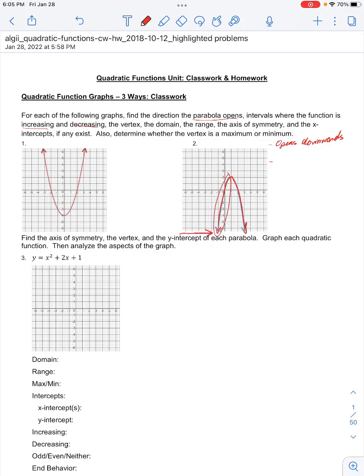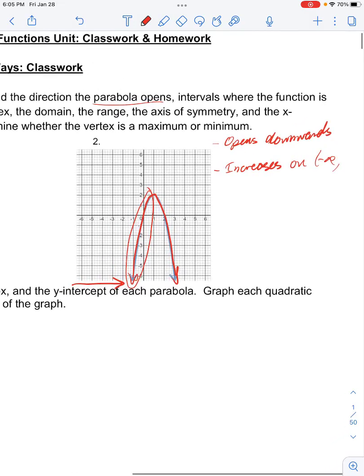So as you move from left to right, the y values are increasing. So we have increases on negative infinity, open parentheses, because we can never reach negative infinity, to 1, also open parentheses, because at 1, there's no change.